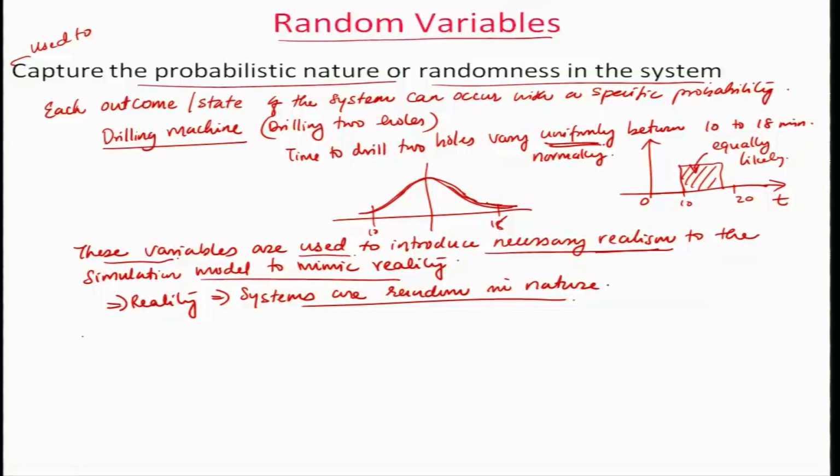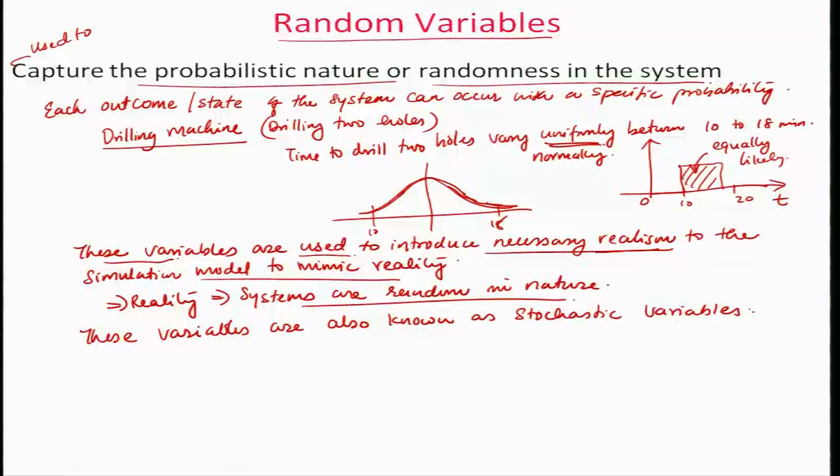Okay. These variables are also known as stochastic variables. Okay. So, when we are talking about stochastic variables, the main aspect is that we are talking about random variables.